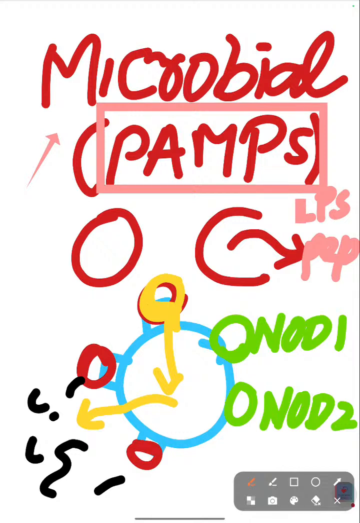Then the antigen-recognizing cells, that is monocytes and macrophages, have pattern recognition receptors on their surface.